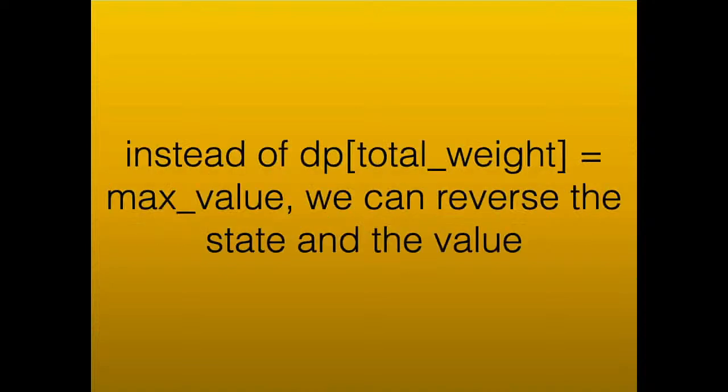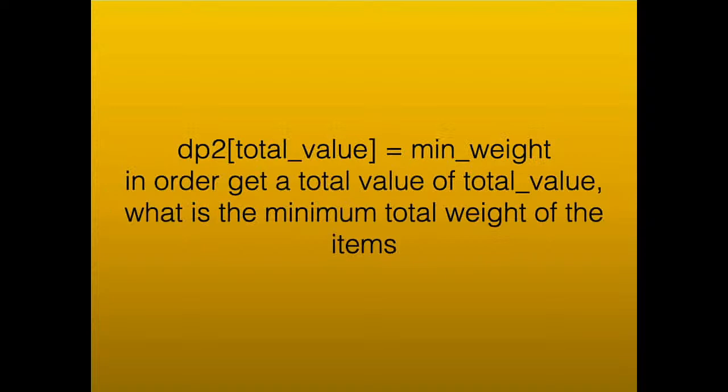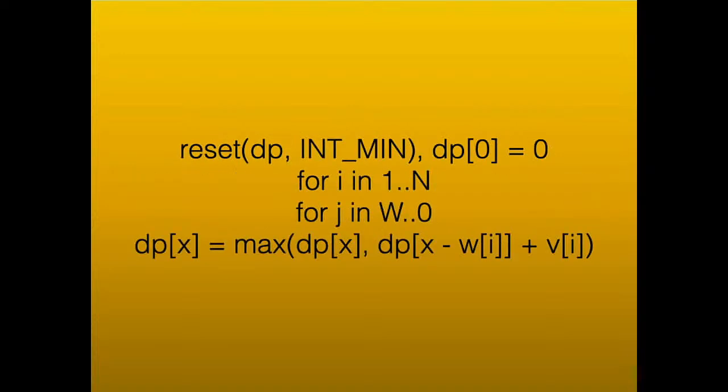So instead, you can reverse the DP. Now your state is the total value, and you compute the minimum total weight required to take exactly this value. This is a standard DP with weight.